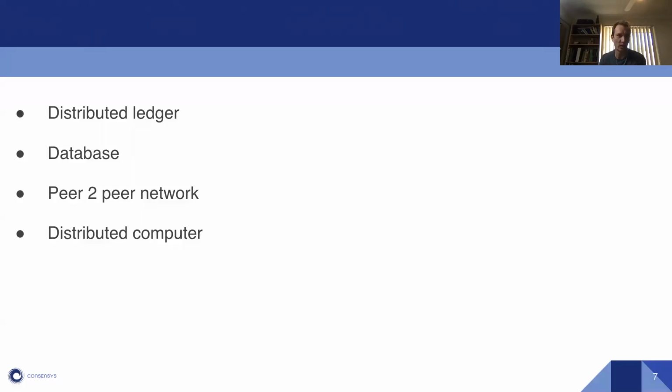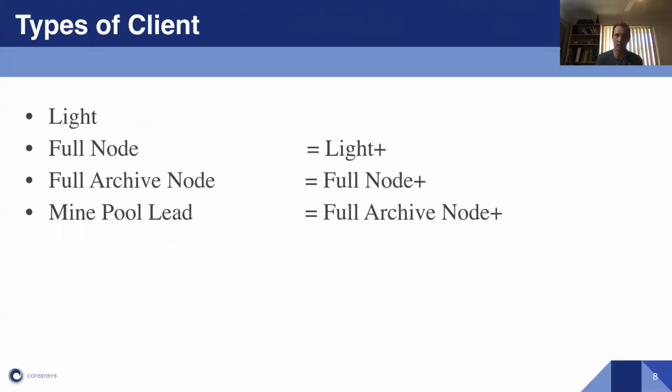The other thing to think about is the types of clients that are sitting out there. These are loosely used terms that are used to think about Ethereum clients, moving from a light client to a full node, to a full archive node and mining pools.